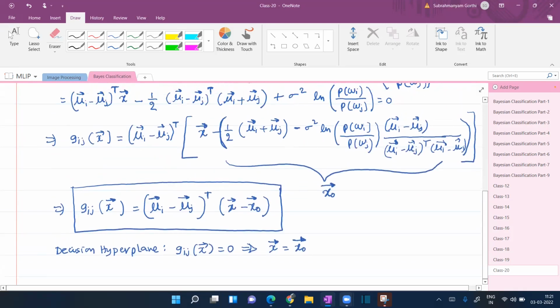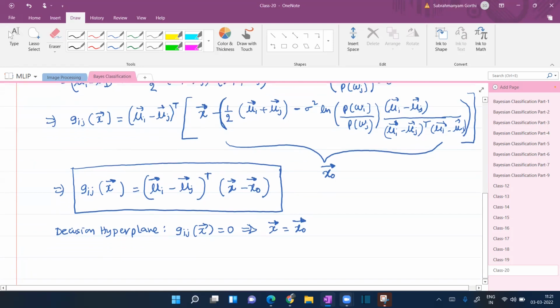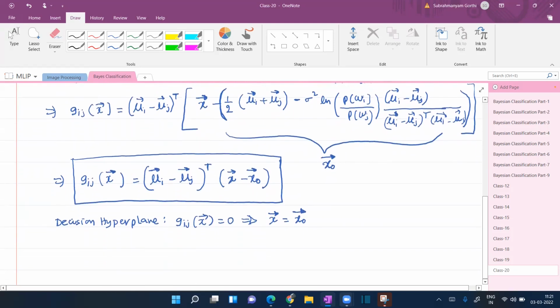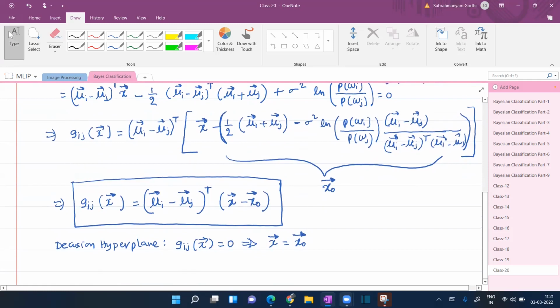Okay, that's your x naught bar. You could write the expression there, but since there are too many terms, I'm not writing it. I would take a special case again so that my writing will become simpler. Otherwise, you make a note there. This is your x naught bar.